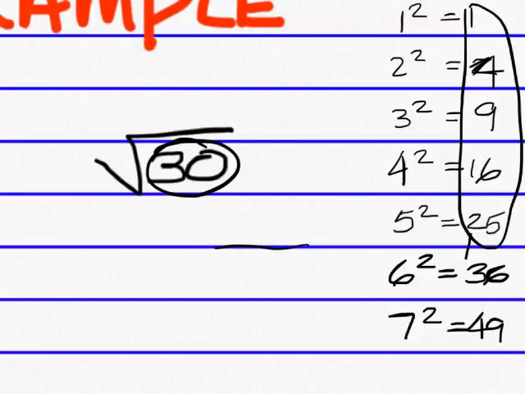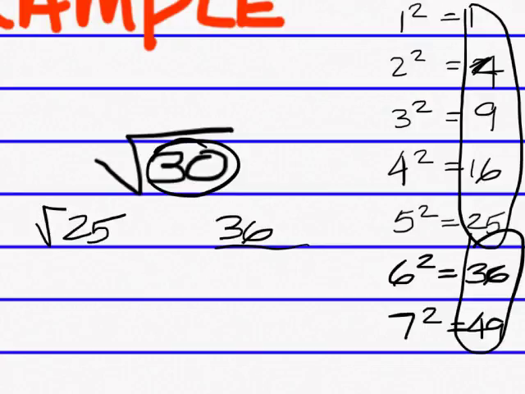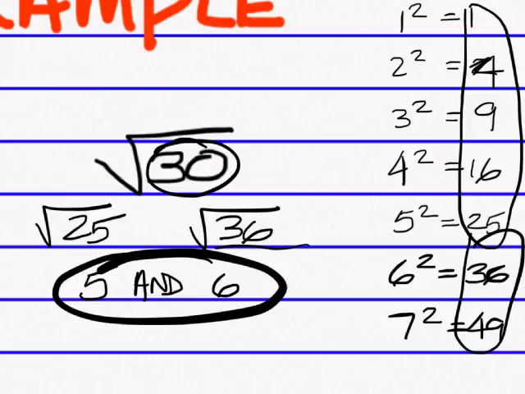Which 2 numbers? It would be 25 and 36. Now find the square root of both of those, and your answer is 5 and 6. This is all the work you would have to show on a homework assignment.